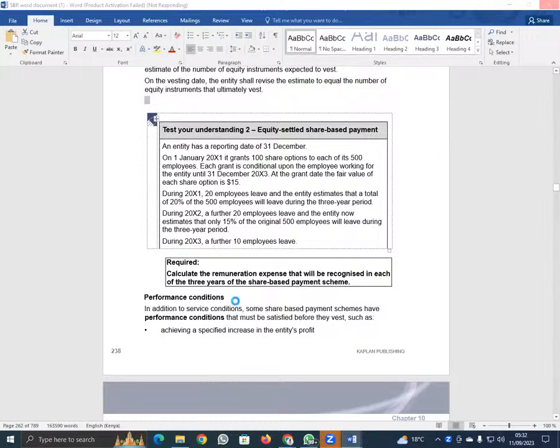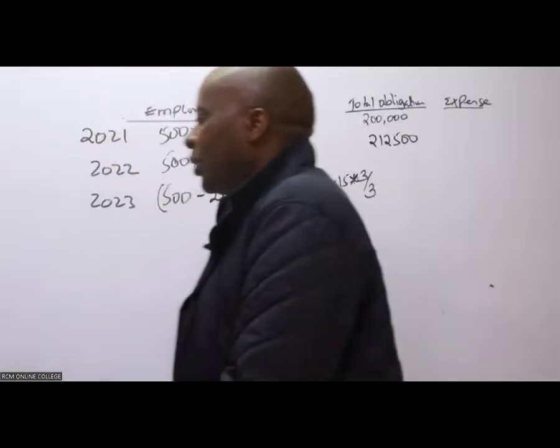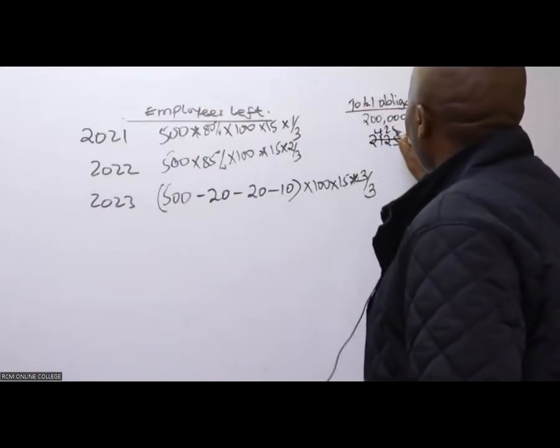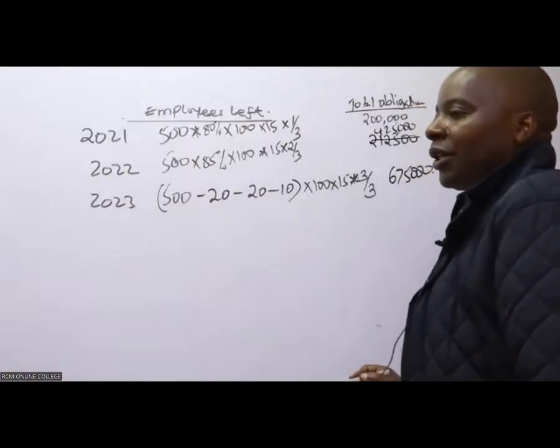Second, I'm being told that the second is 425,000 and this is 675,000.